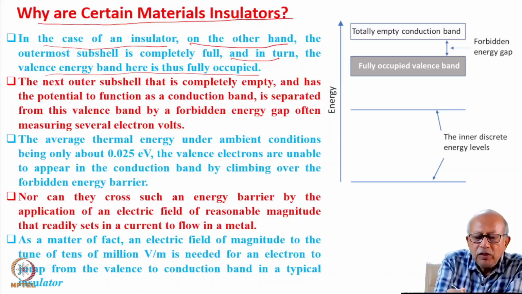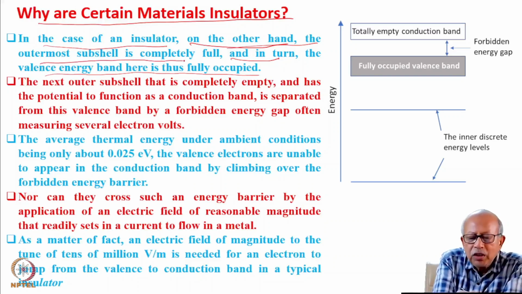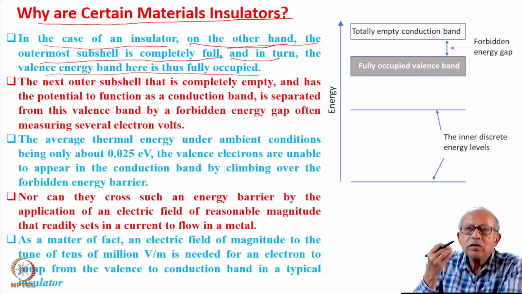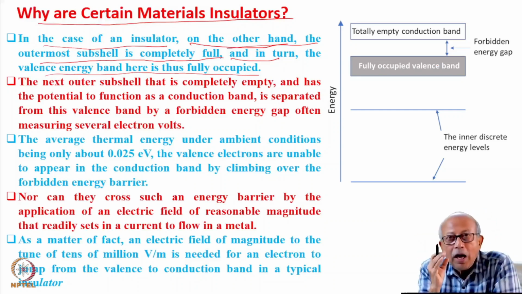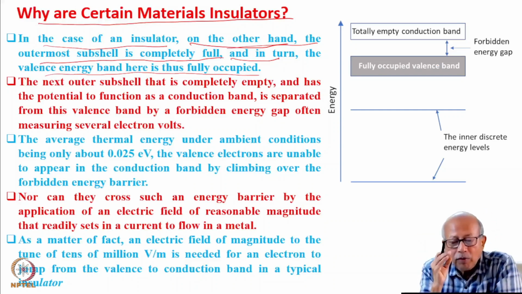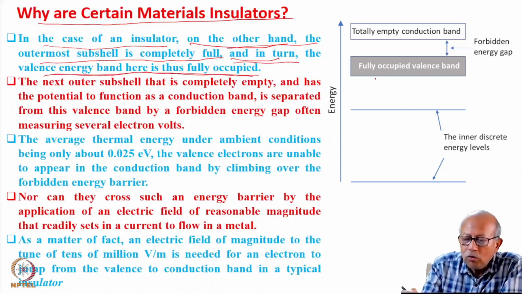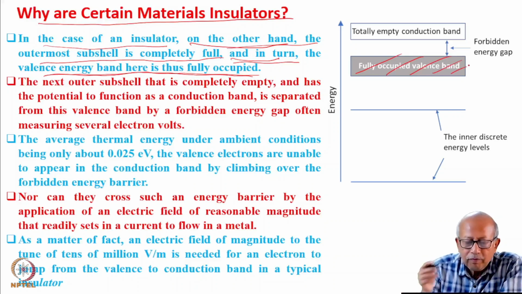So in the case of an insulator, on the other hand, the outermost s subshell is completely full, as you can see here. And as we just showed, in case sodium would have an atomic number of 12, the valence energy band here is thus completely occupied, fully occupied.